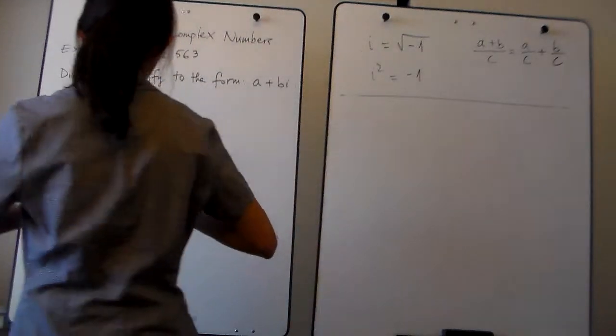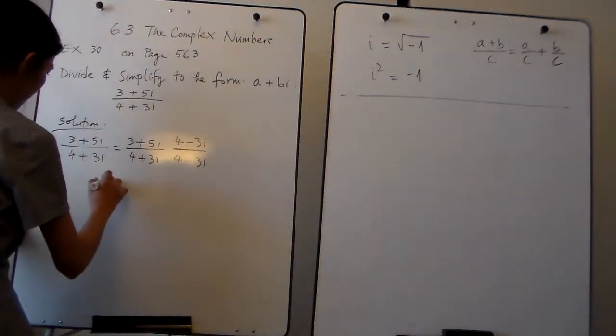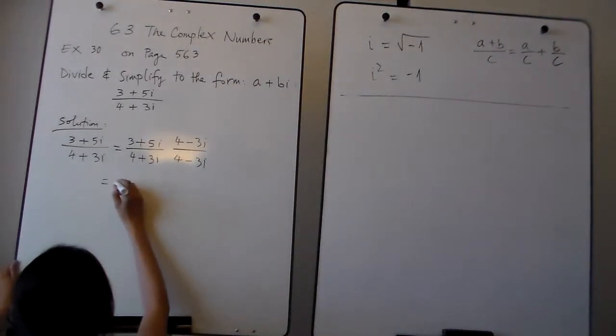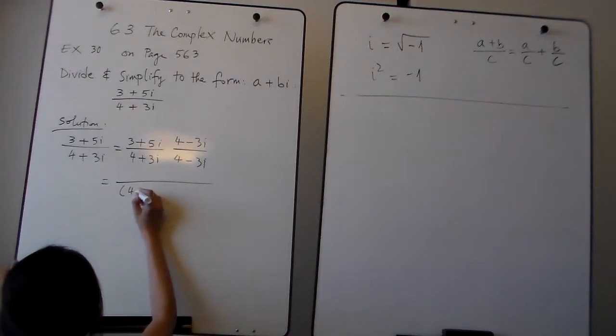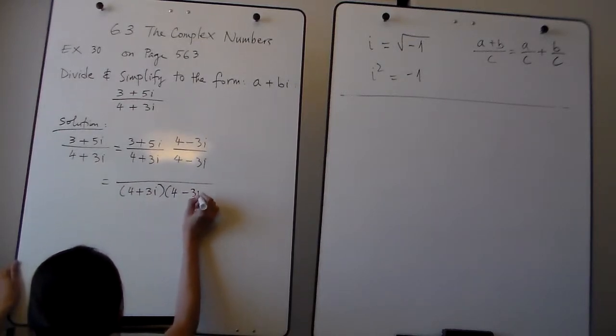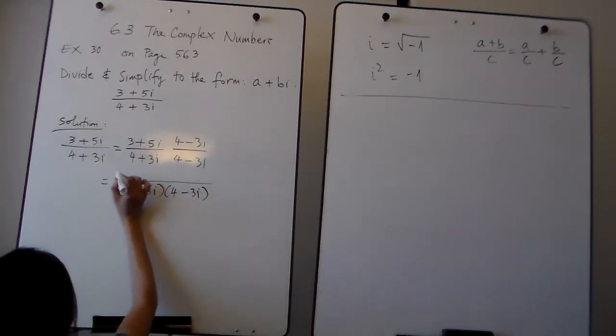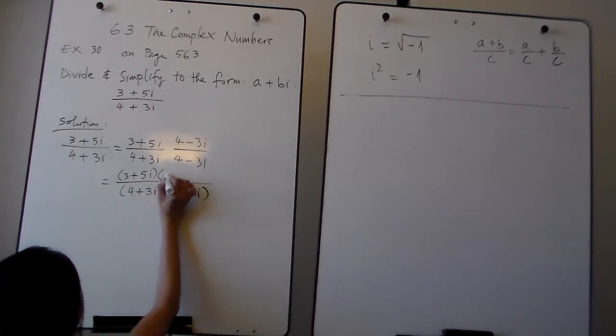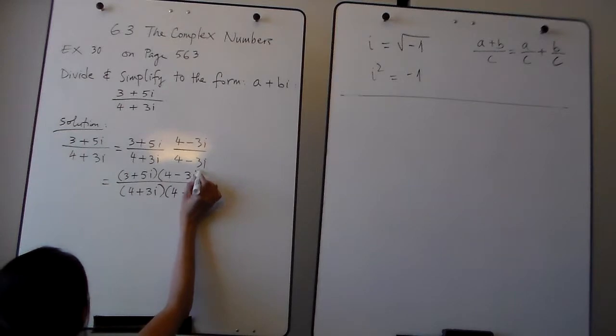Then I'm going to multiply numerator with numerator, denominator with denominator. The denominator is 4 plus 3i times 4 minus 3i. Multiply numerators, 3 plus 5i times 4 minus 3i.